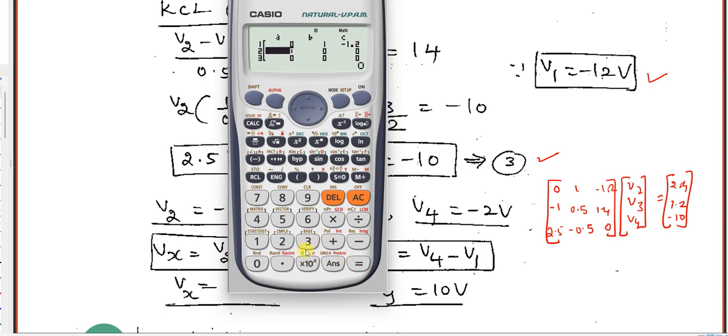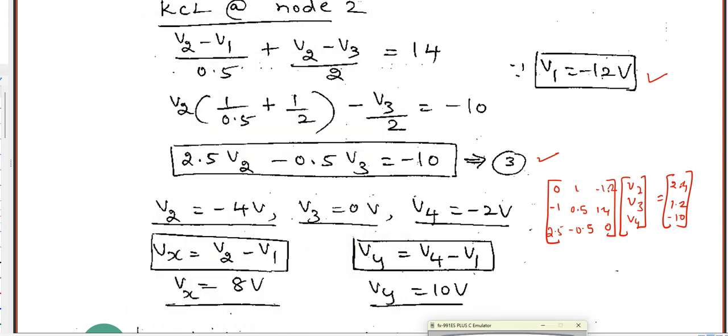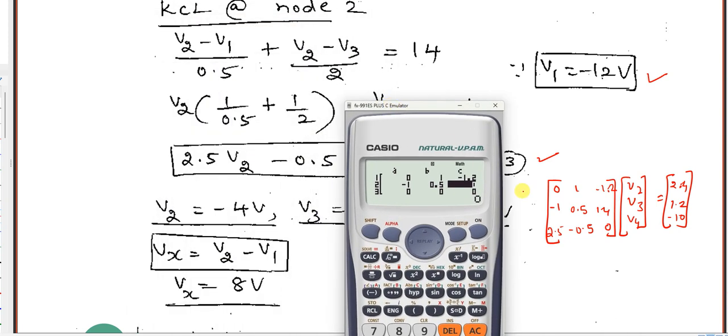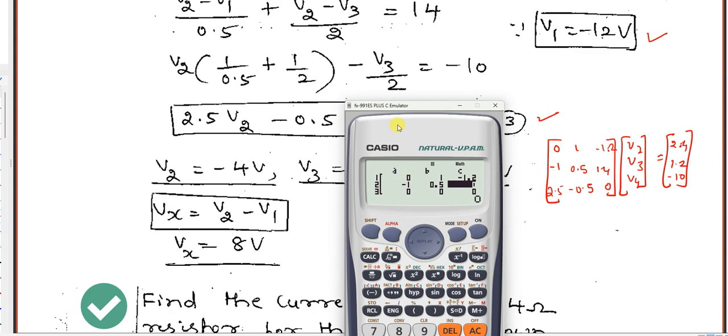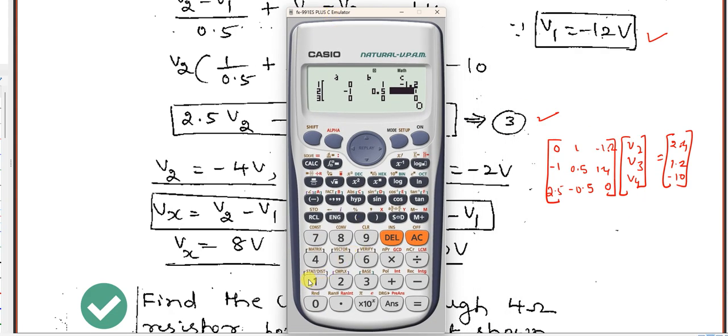Second line: minus 1.5, 1.4 is equal to 1.2. Then 2.5, minus 0.5, 0 is equal to minus 10.